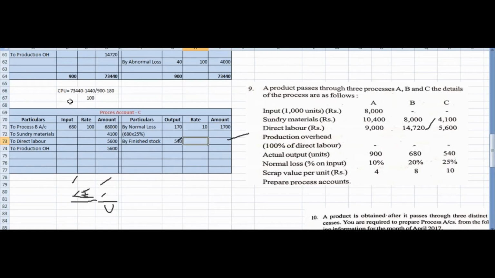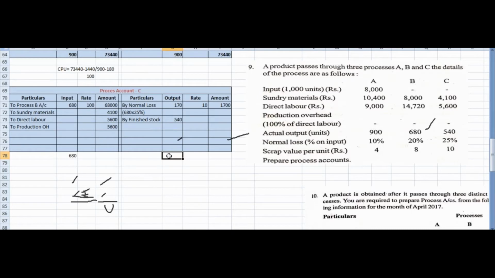As I did in the previous problem, just find the total of this column. 680 is there, and you check this column total: 170 plus 540, 710. Now your output column is more. So the output column total here is 710.